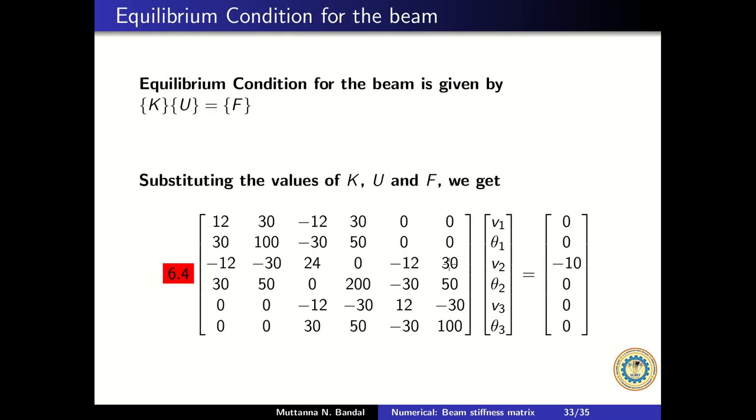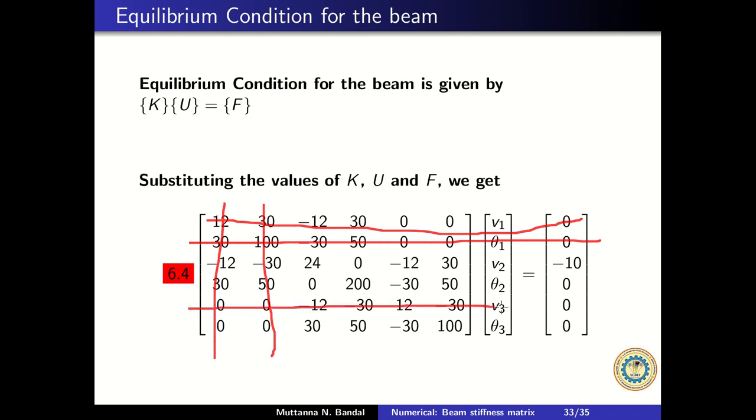So upon simplification, I will cancel this row and the corresponding columns. V2 I don't know, so I should not cancel it. Theta 2 I don't know, so I should not cancel this. V3 is 0, so cancel it. This is the fifth column, I will cancel this.